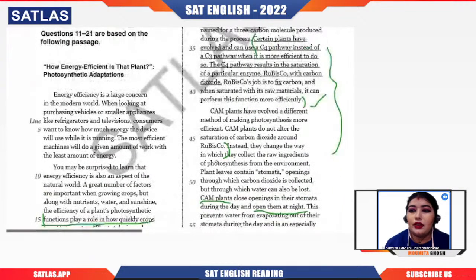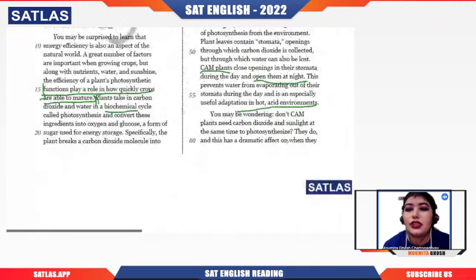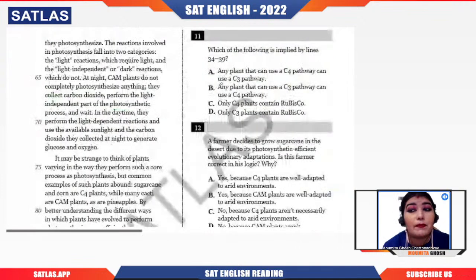So the question is: which of the following is implied by lines 34 to 39? Number A, any plant that can use a C4 pathway can use a C3 pathway. Number B, any plant that can use a C3 pathway can use a C4 pathway. Number C, only C4 plants contain rubisco.